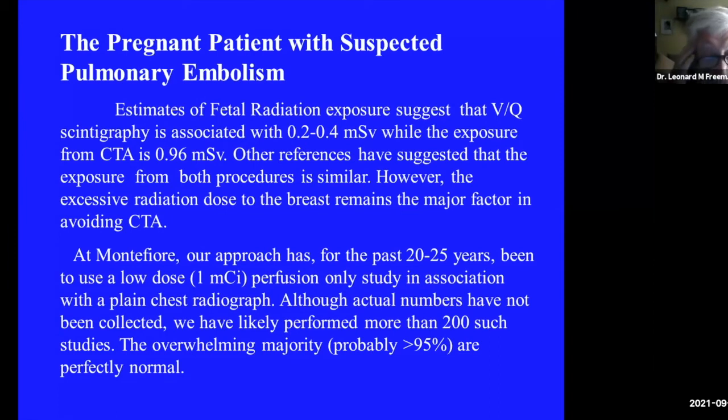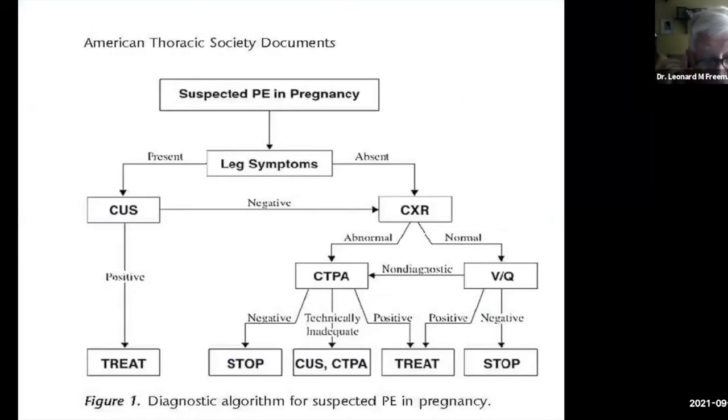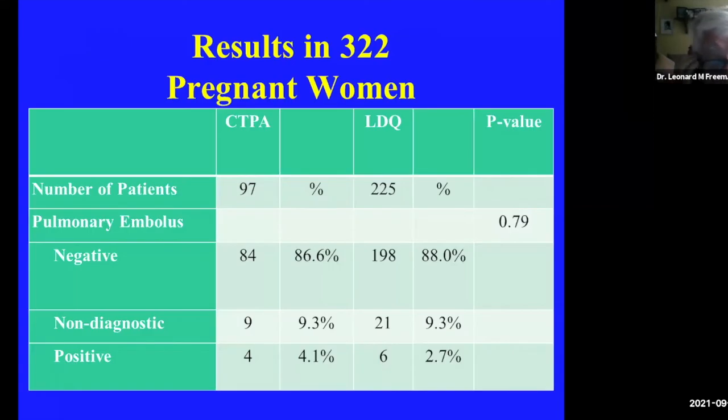And the results have been very, very good. In fact, here's an official document from the American Thoracic Society that came out a few years ago. And what they're saying here in pregnancy is that VQ scan should be done in place of CT scans. But let me show you some of our results here.